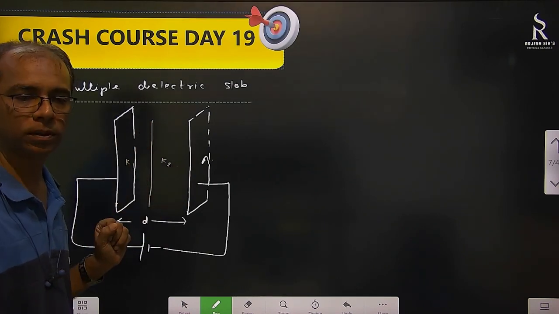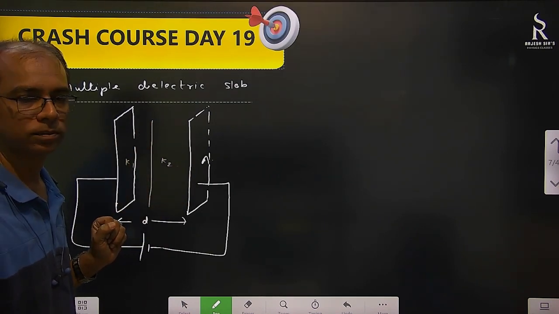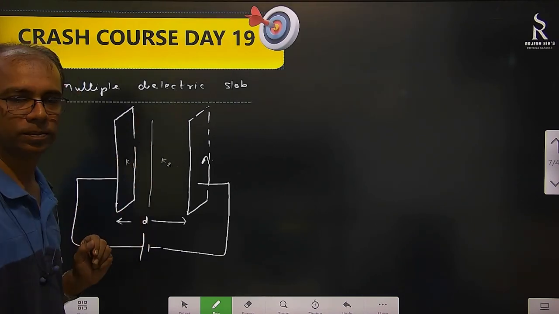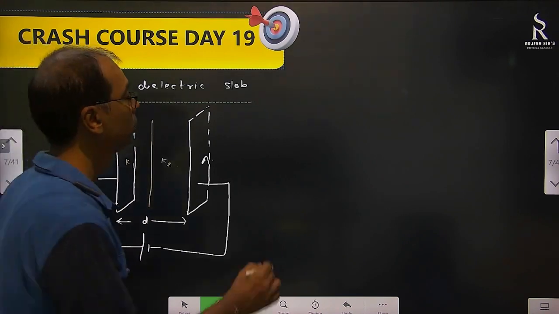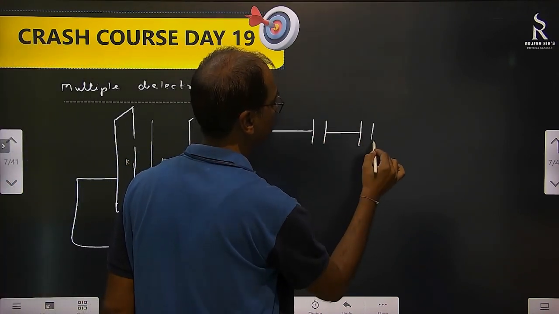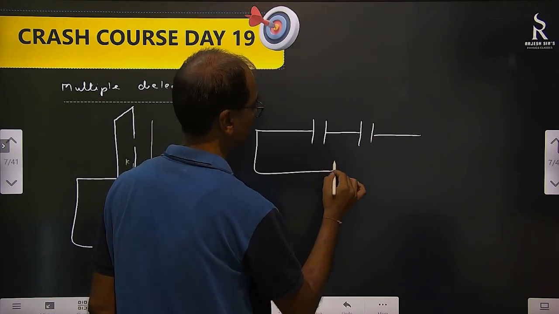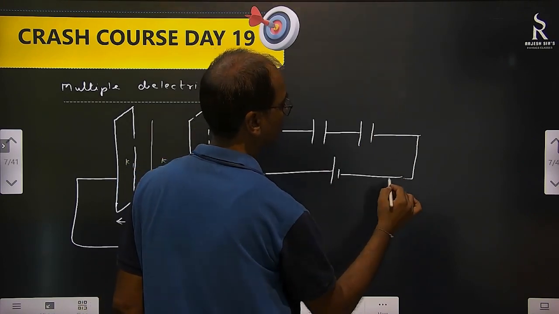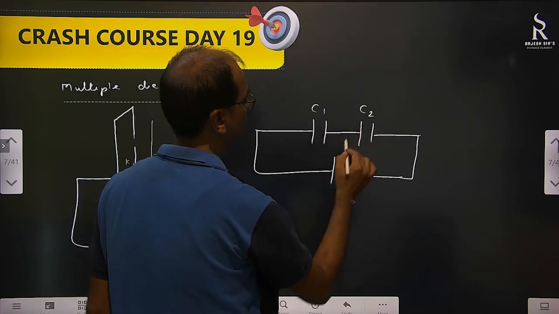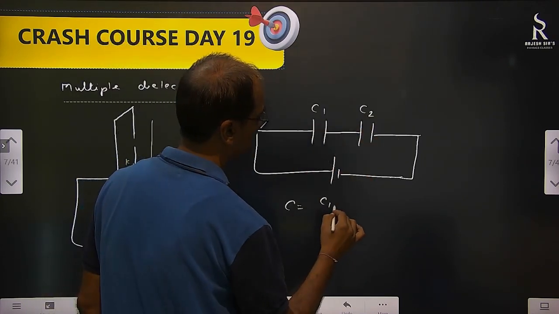They will come on this one. Correct or not? So this will become a negative plate and this side becomes a positive plate. So these two capacitors are like this. The series connection. This is C1 and this is C2. So net capacitance we know is C1 C2 by C1 plus C2.